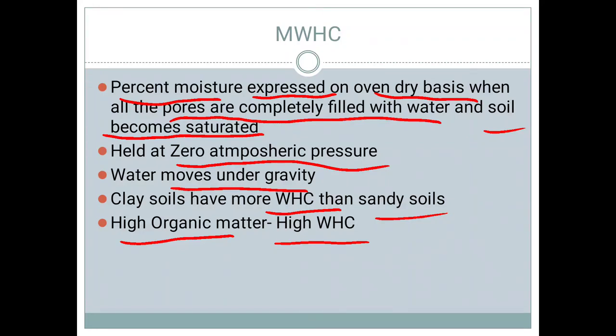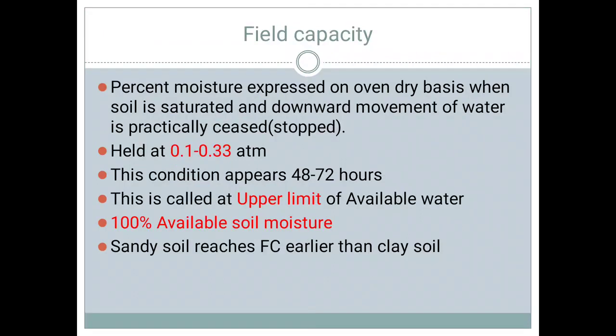Next soil moisture constant is field capacity. In Marathi it is called Wapsa condition. Wapsa means field capacity, when you can carry out all the operations like weeding, hoeing, fertilization, spraying of insecticides, spraying of any kind of chemicals.